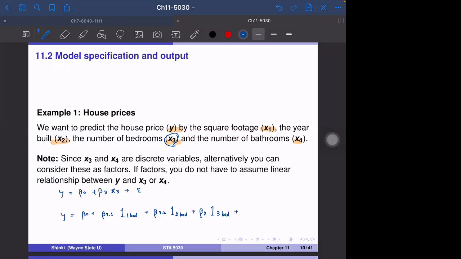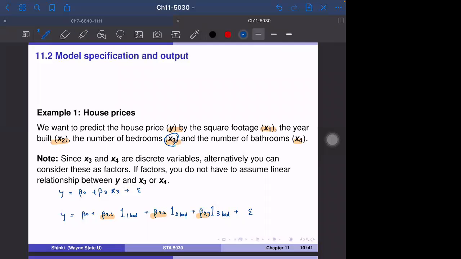Suppose we only have up to 3 bedrooms. Then the relationship between the number of bedrooms and the parameter doesn't have to be linear. So beta 3(2) is not necessarily twice as large as beta 3(1).